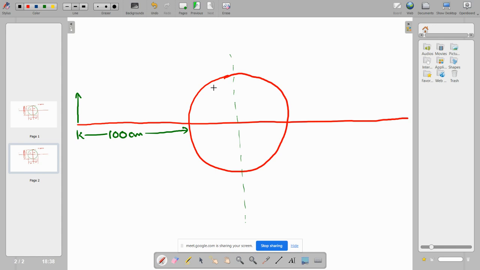This is principal plane 1, and this is my principal plane 2. When I place one object here, I am getting some image somewhere here. The distance I defined is 100 centimeter. I put my object, then I am getting an image at 9 point some centimeter. Let us see.